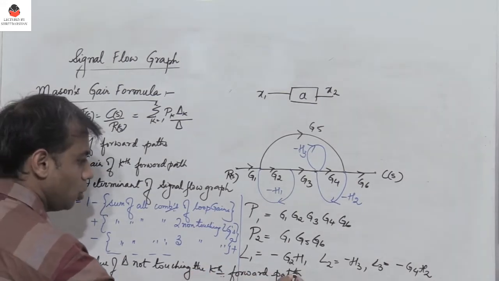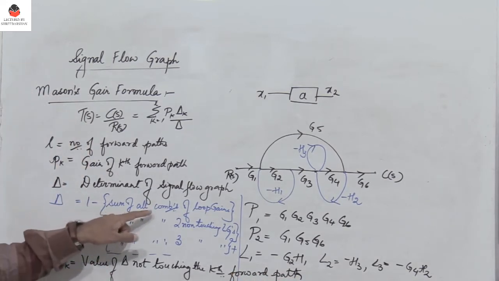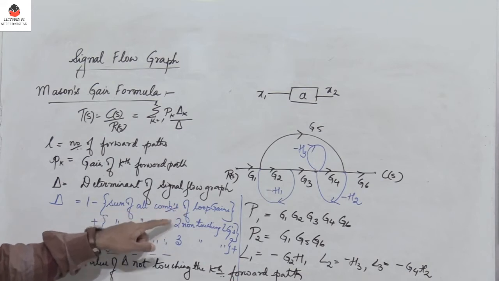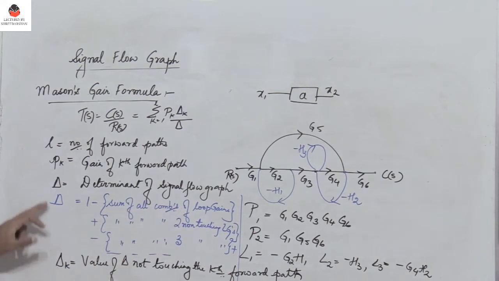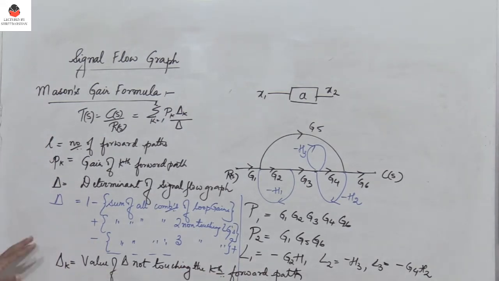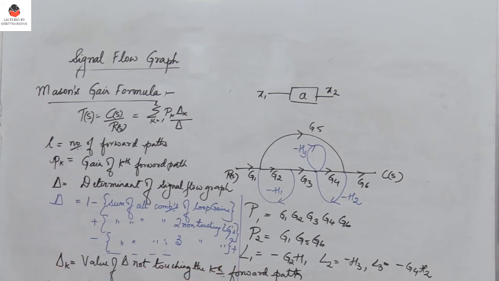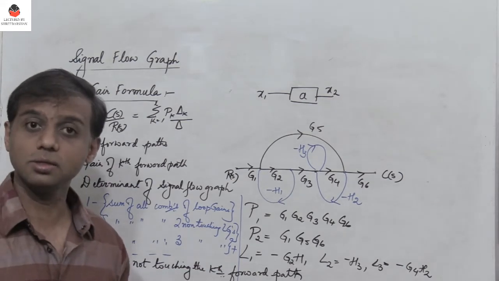So this is the value of delta, 1 minus the sum of all combinations of loop gains, such that it is the value of the same delta not touching the kth forward path. If I want to calculate delta 1, I need to consider the value where it is not touching the first forward path. If I calculate delta 2, I need to find the same value of delta which is not touching the second forward path, and so on.